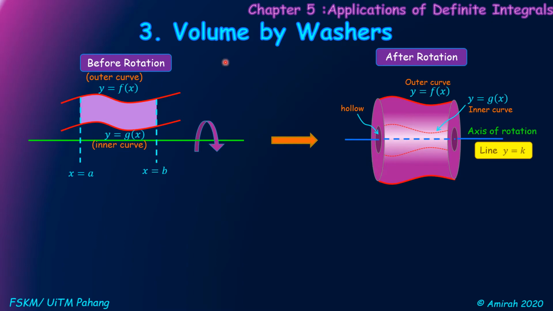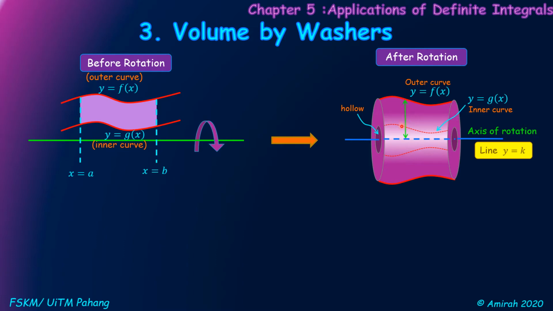So that's why for volume by washer, we use outer radius and inner radius. I mean outer curve and inner curve, not top curve and bottom curve.